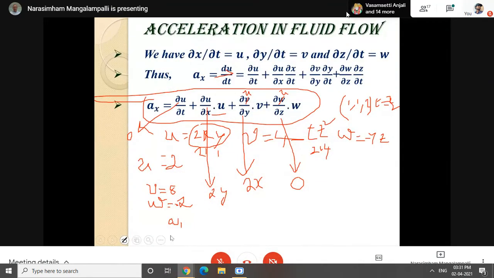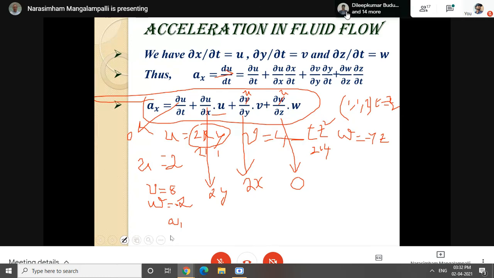So now all of you try to write the expression for Ax in terms of the known values. I will ask one after the other. Number one: substitute u. Dou u by dou t is 0, so the first term is 0.